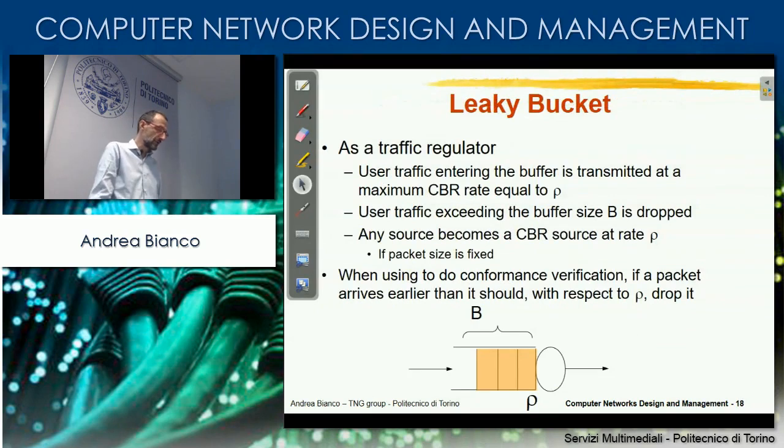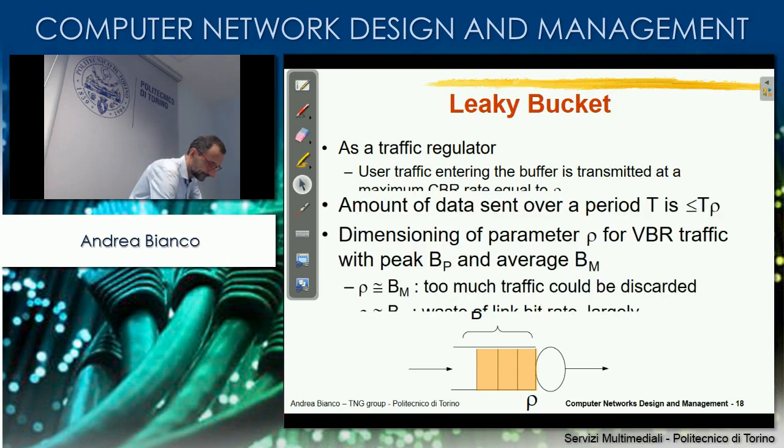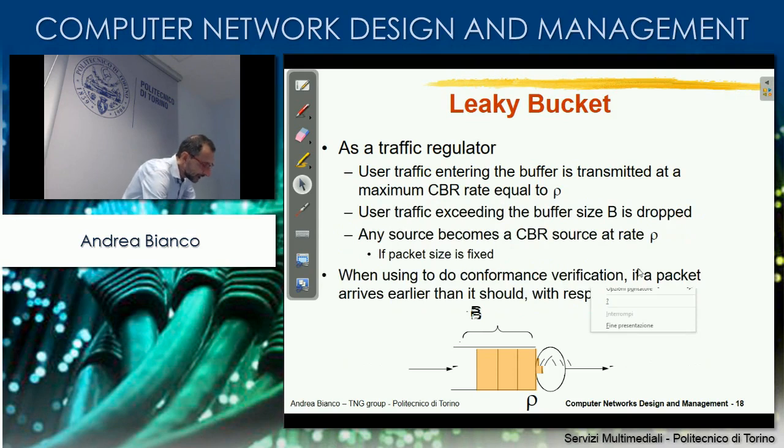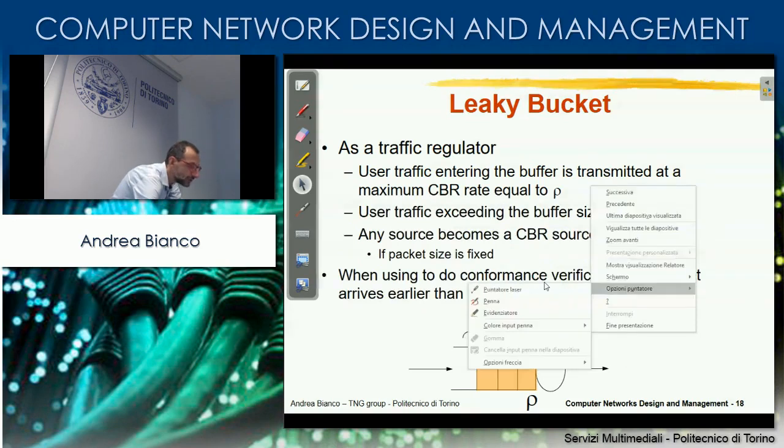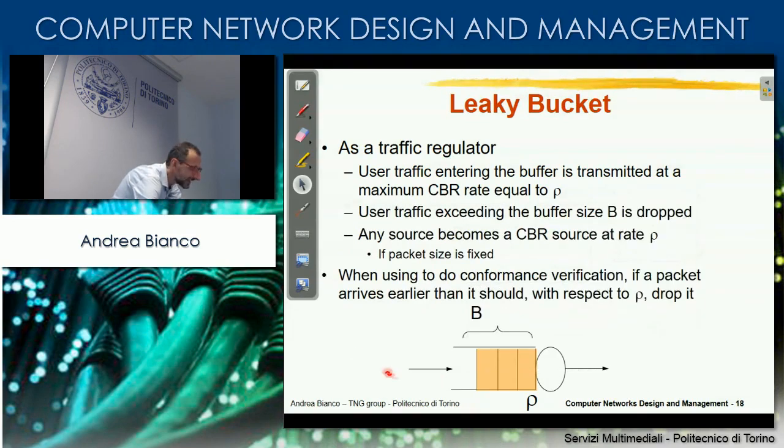There are two main types of traffic regulators, plus, of course, a more complex version that we will see later. The easiest one is called leaky bucket. The leaky bucket is a traffic regulator in which you have traffic entering the network, generated by the user here on the left-hand side.